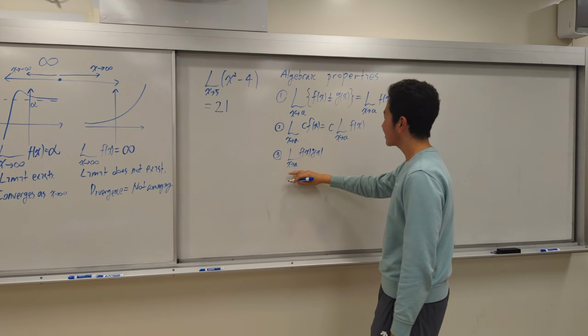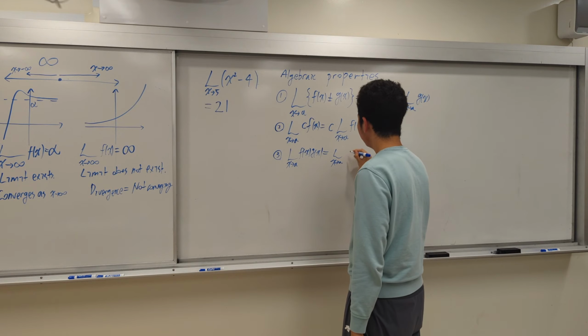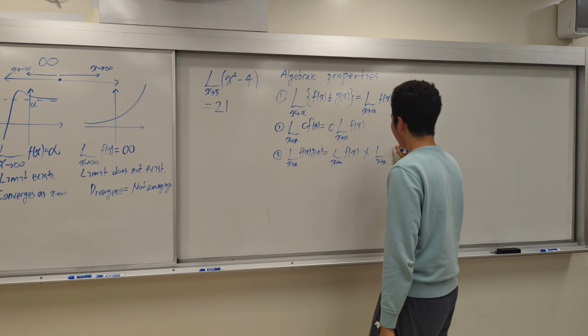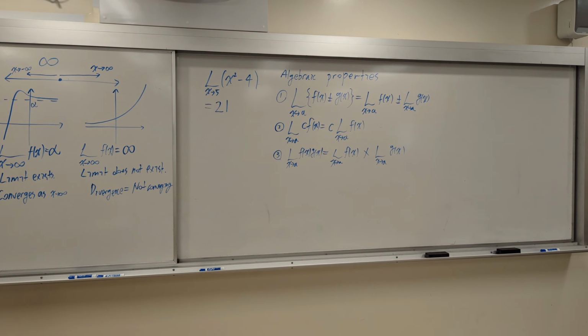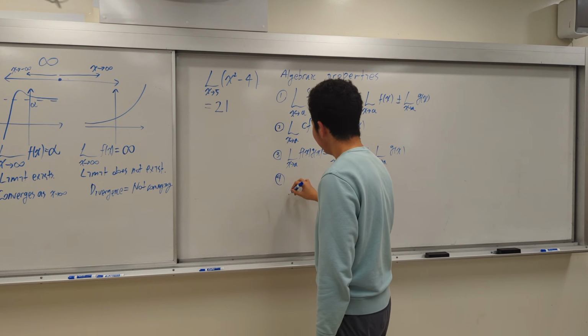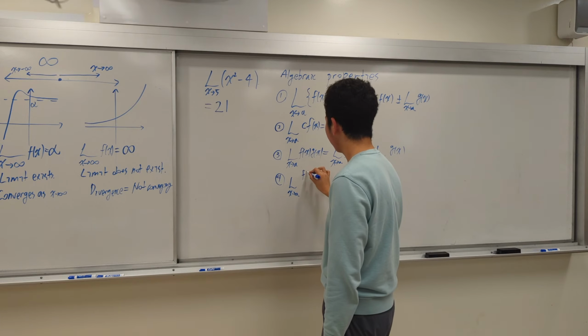Limit x goes to a of f of x times g of x. We can split that limit into two and then multiply those together. Limit x goes to a of g of x. I think this is all written in your notes, right? Yeah. And this is assuming that they both exist. And then finally, division can happen as long as the denominator does not go to 0.